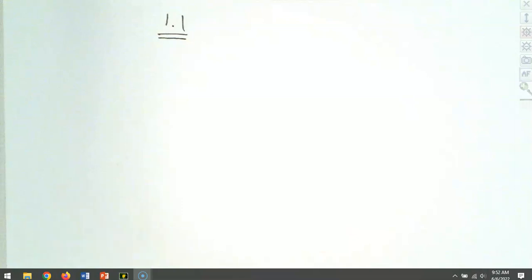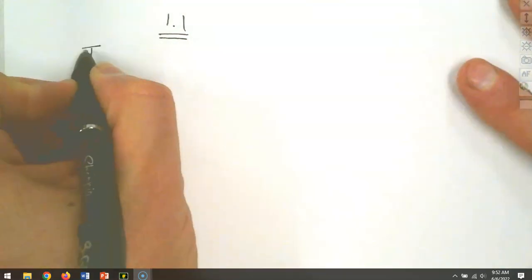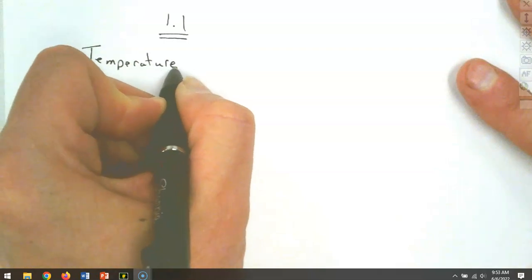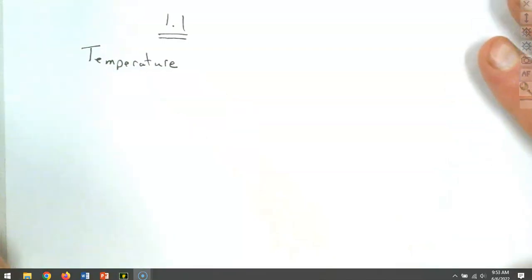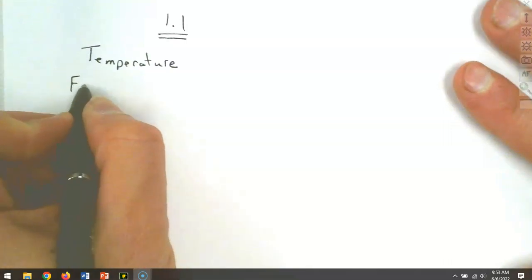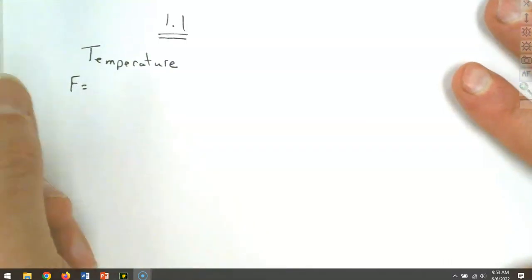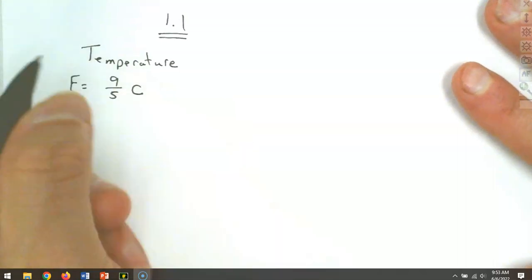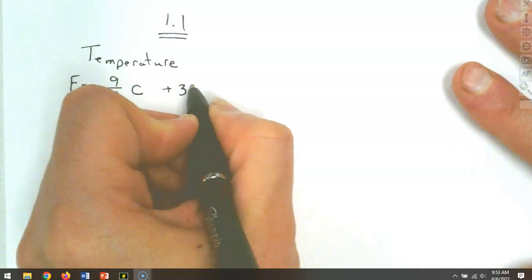So let's go ahead and learn how to convert from Fahrenheit to Celsius or back and forth. So for temperature, we have two scales. We have the Fahrenheit scale and we have the Celsius scale. So your Fahrenheit scale is going to be F equals 9/5 C plus 32.